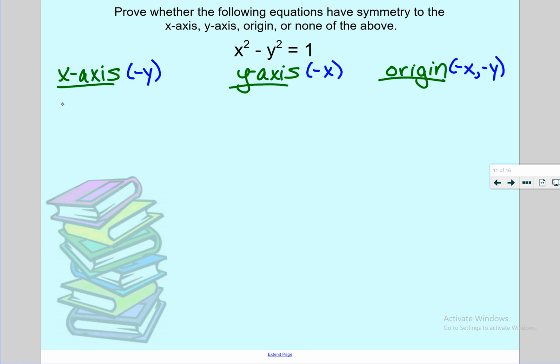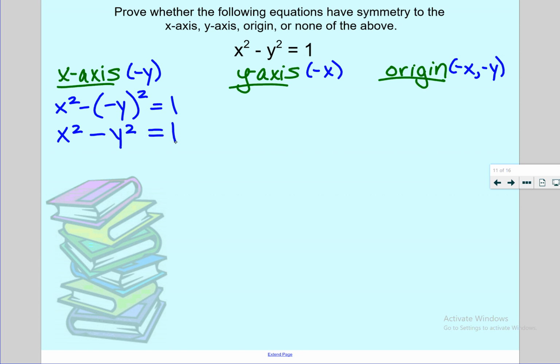So here's what that would look like. x squared minus, take y out, put negative y in its place, squared equals 1. So y comes out, negative y replaces it, and we simplify. Negative y squared, that means negative y times negative y. What is that? It's just y squared, and there's already that minus.